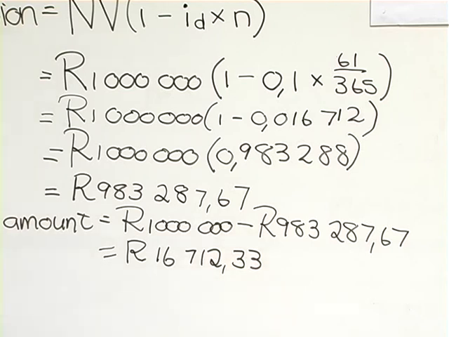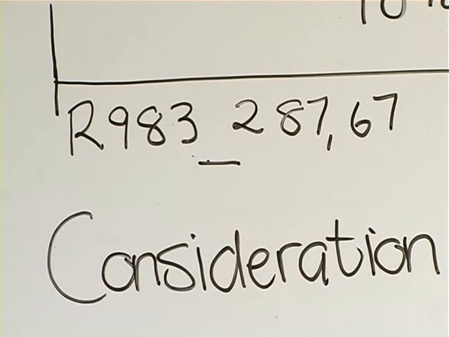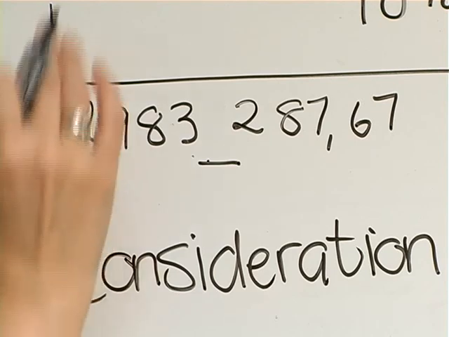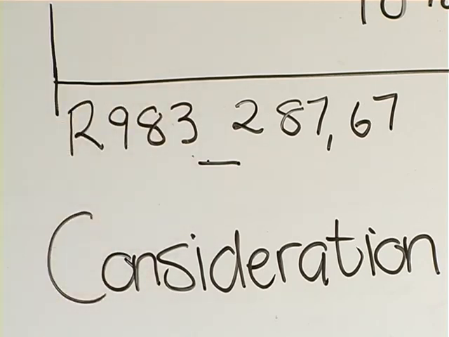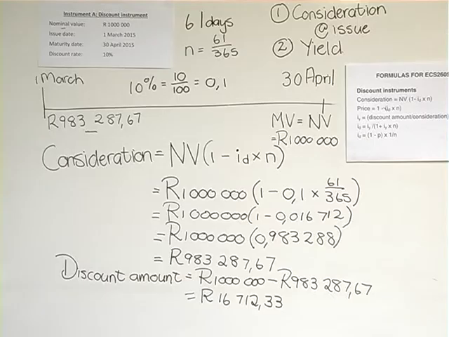Right, so that is going to be your return for this instrument. You're going to pay 983,287 rand and 67 cents for it on the 1st of March. You're going to receive 1 million on the 30th of April, and the difference between those two amounts, the discount, is going to be your return on it, the profit that you're going to make.